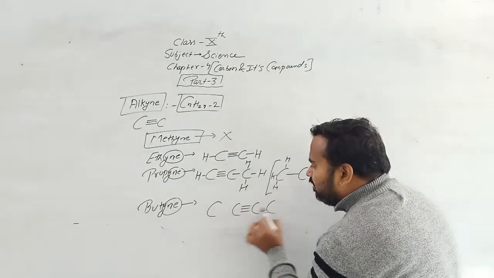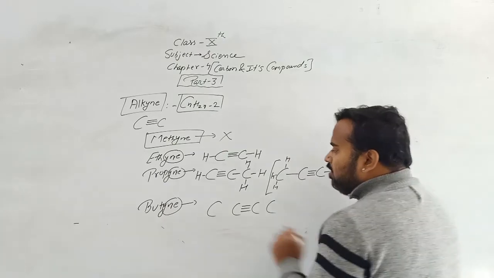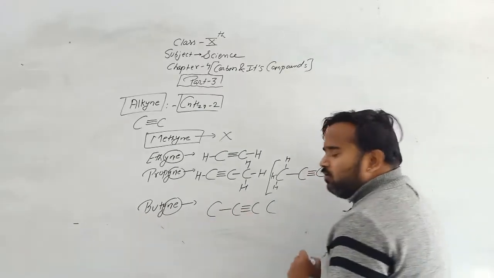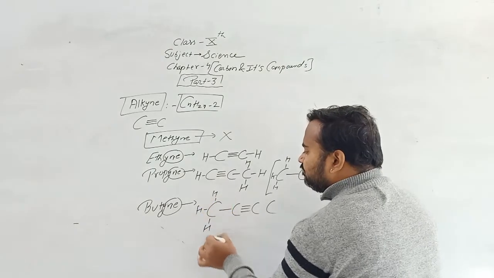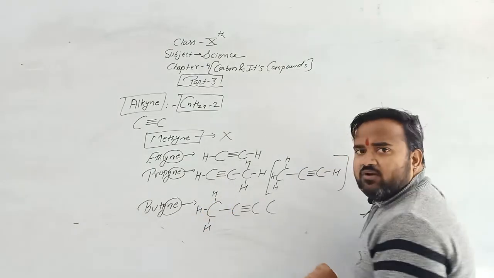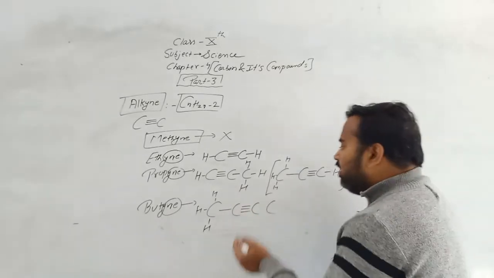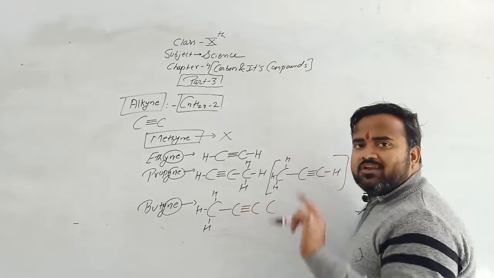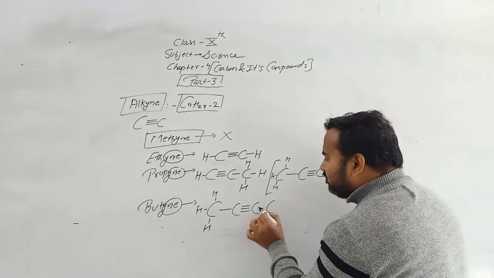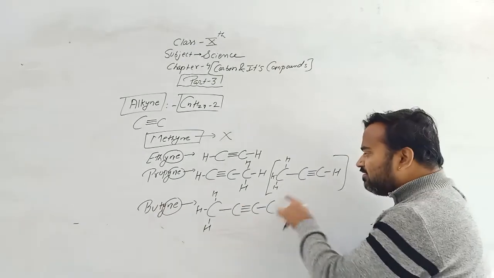So we will draw a triple bond between these two carbon atoms. Clear? Now, this carbon contains one bond, so it would have three more bonds. This carbon's valency is already satisfied because 1, 2, 3 and 4 bonds are present. What about this carbon? It contains 1, 2, 3, so it would require one more covalent bond. So the valency of this carbon is also satisfied. What about this carbon atom?